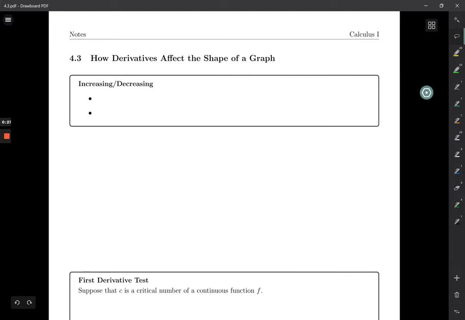And so if we have that the derivative of a function f is greater than 0 on an interval, then the function itself, f, is increasing there.